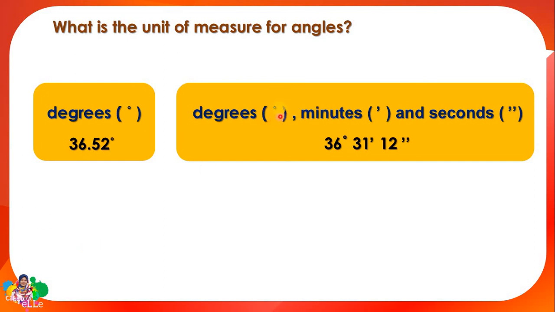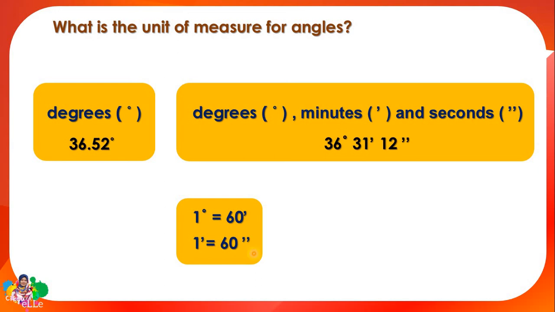Alright, this symbol for degrees, this one for minutes, 1 apostrophe, and seconds, 2 apostrophes. Okay, how to read this one? 36 degrees, 31 minutes, and 12 seconds. Alright, for your information, 1 degree equals 60 minutes, and 1 minute equals 60 seconds.